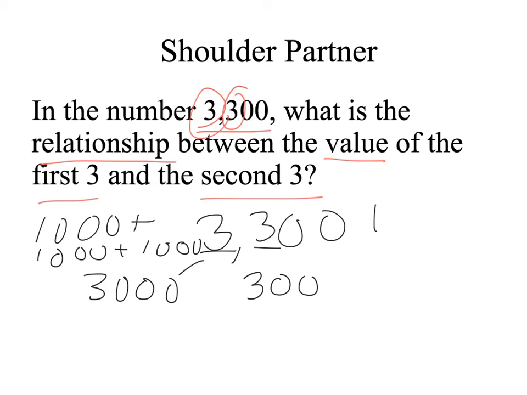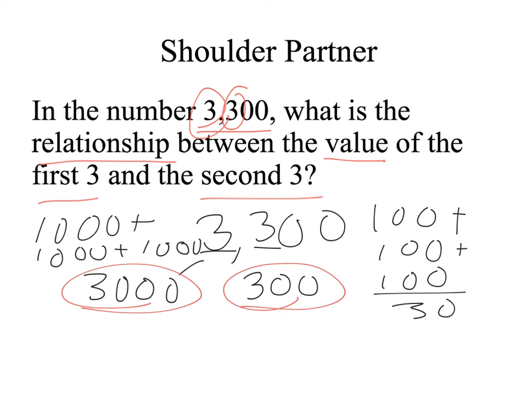Again, if I have 3 hundreds, 100, 100, and 100, the value is 300. So what is the relationship between the first 3 and the second 3? Well, the first 3 is 3,000, the second 3 is 300. So the first 3 is 10 times as great as the second 3. If I was to take 300 and multiply by 10, I would get 3,000.